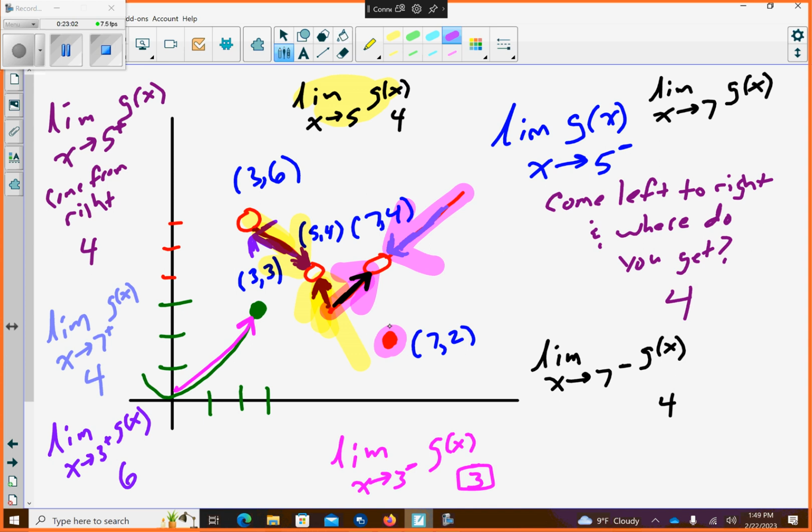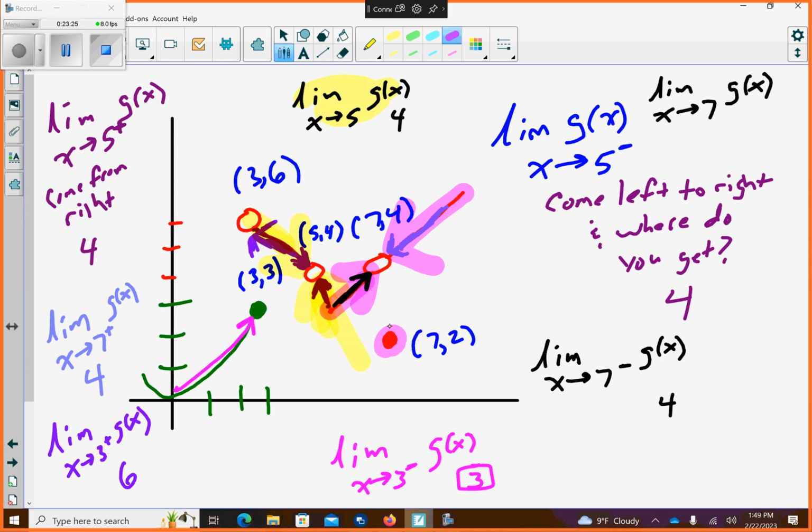Now I'm highlighting that dot. That dot is at 7. Those 2 pink ones, if that dot down at 7,2 wasn't there, it's going to give us an answer of 4. But this basically means, hey, I'm approaching 7 in the x direction.